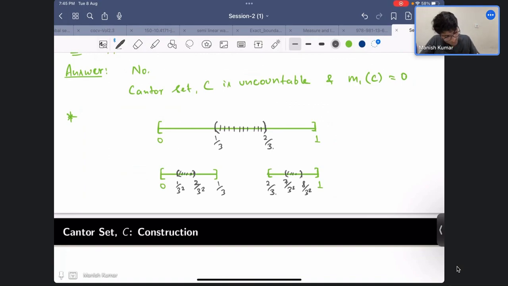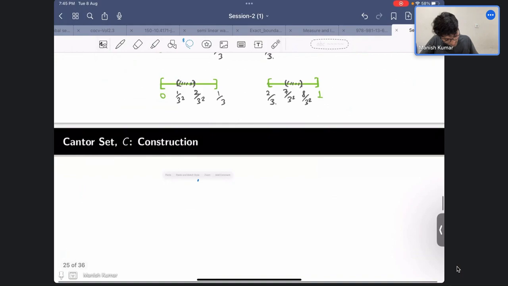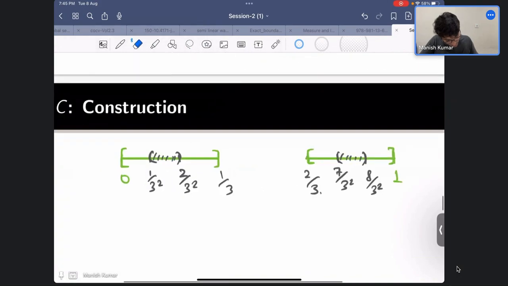Okay, again what you get is this, this, this, and this.